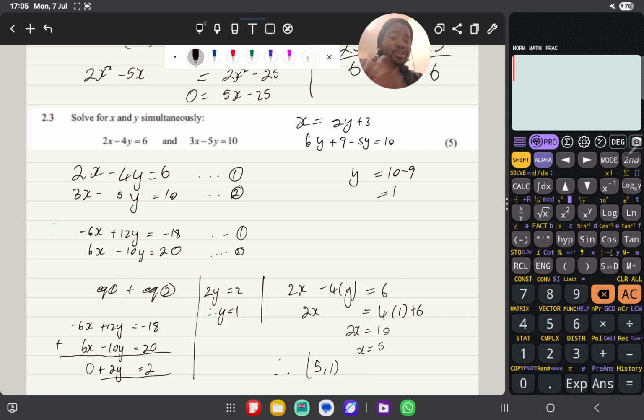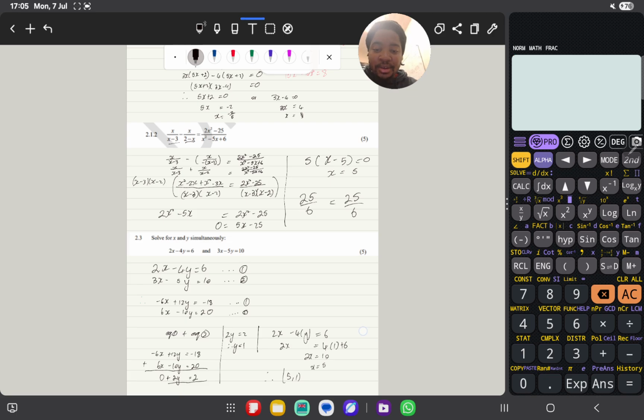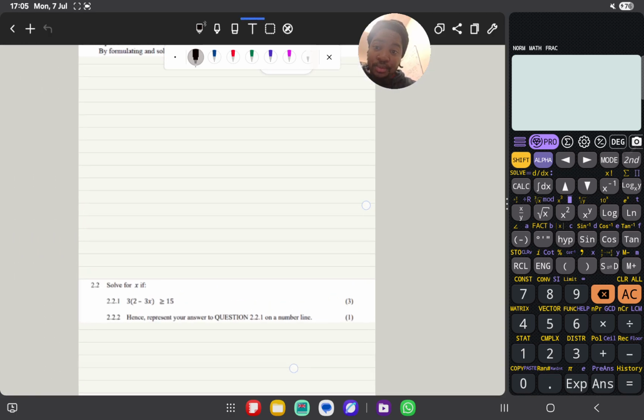Cool, I just wanted to make sure. So everything is fine. I was just trying a substitution method there to see if we have the same value.